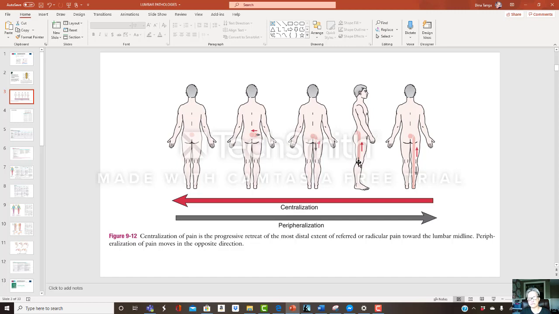Distal, proximal. Distal, up towards the main point of the pain. Peripheralization, you start at the main point of the pain, and then it moves out. It moves down the thigh, down the back of the leg. That's peripheralization.